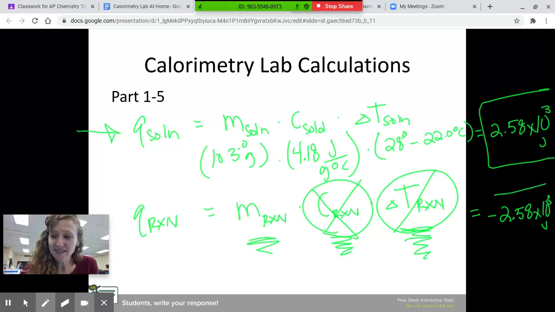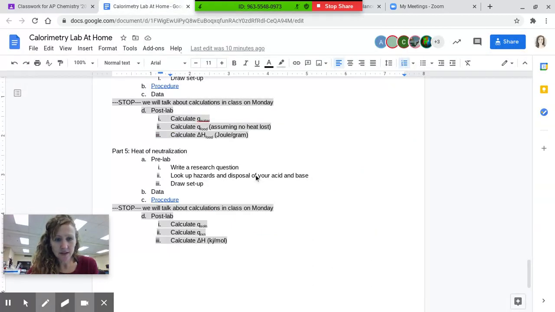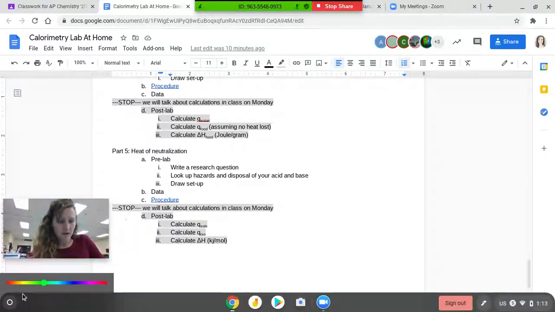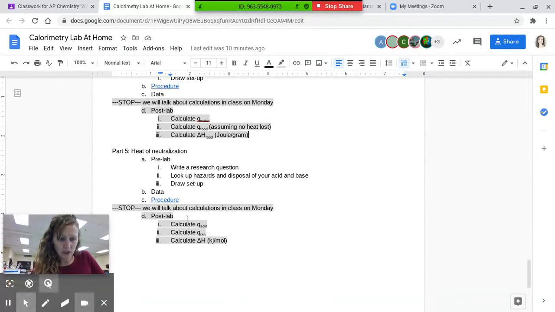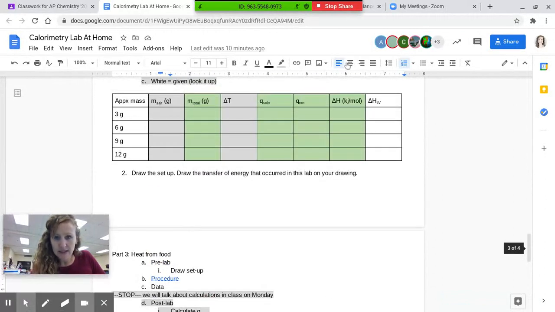Okay. So here we have Q of the solution, here we have Q of the reaction, right? Now the next thing they're going to ask you for is delta H in kilojoules per mole.